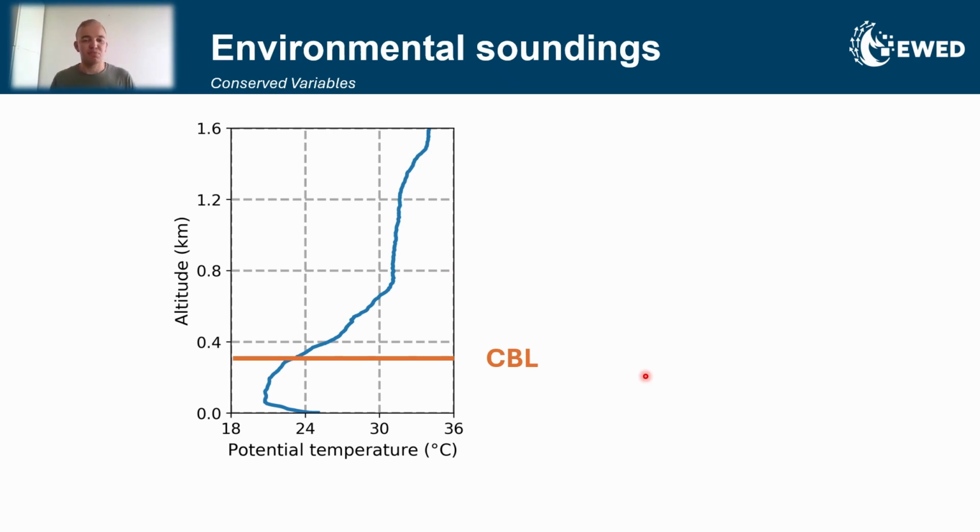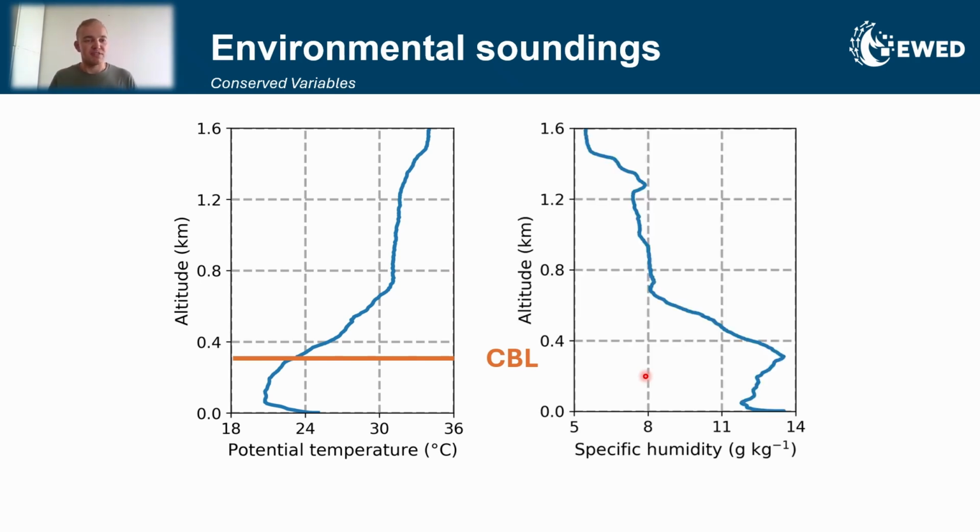So in these kind of cases where it's not extremely clear where the convective boundary layer is based on the potential temperature profile, the other thing we can look at, if you remember the previous videos, is the specific humidity. Because we know from moisture that for the atmosphere, the only source of moisture is the Earth's surface. So closest in the boundary layer, we find the highest amount of specific humidity. In this case, if we look at this profile, we see near the surface an enormous peak in specific humidity.